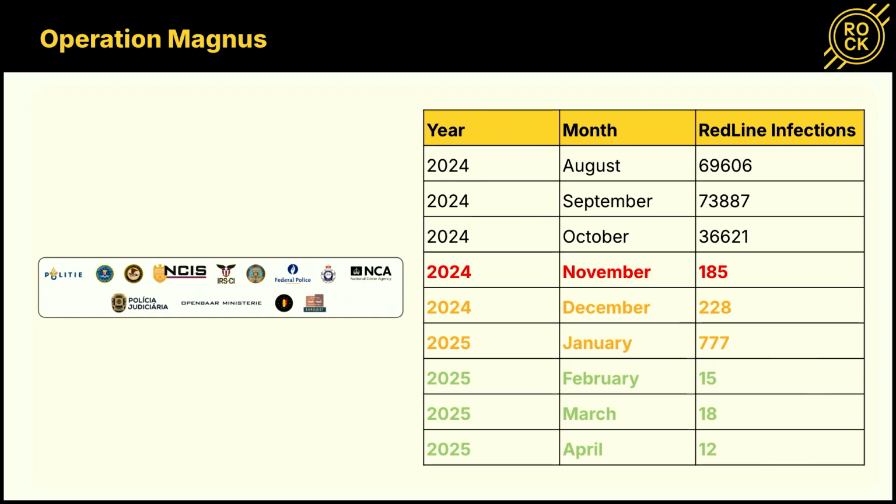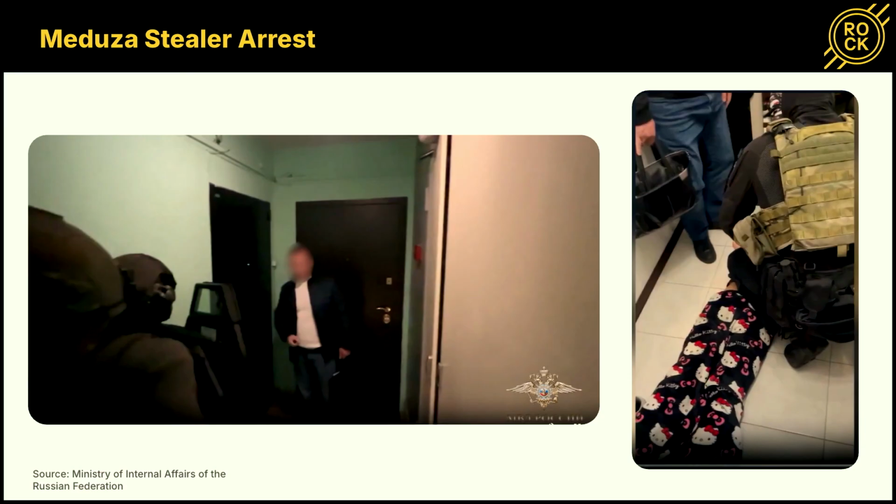Another thing, and this is going to be almost the last slide before I finish here. Last time here I was speaking about Medusa Stealer. Medusa Stealer was also on the rise during the last year. But in 26, the life of the Medusa Stealer developer changed a little bit, because this gentleman is lying on the floor in Hello Kitty pants while being arrested by law enforcement agencies.